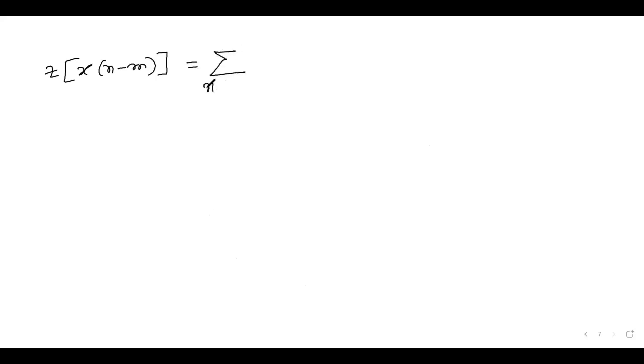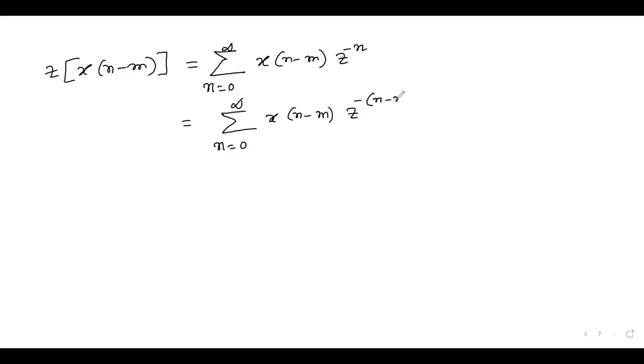Since it is a one-sided signal, it will be n equal to 0 to infinity x of n minus m z to the power minus n. All right, so now you can write it as n equal to 0 to infinity x of n minus m z to the power minus n minus m. So we took z to the power minus m, right? Plus m is z to the power minus m. You need to balance it. So write z to the power minus m.